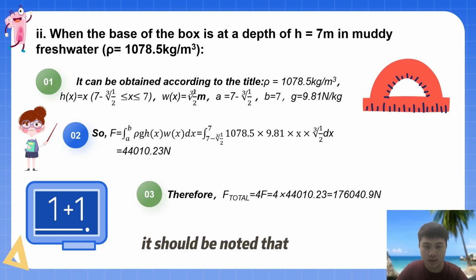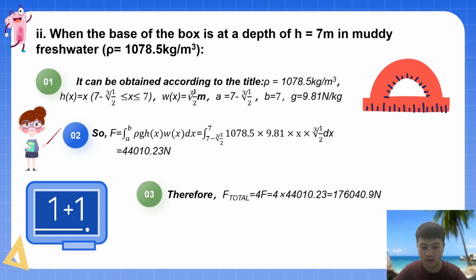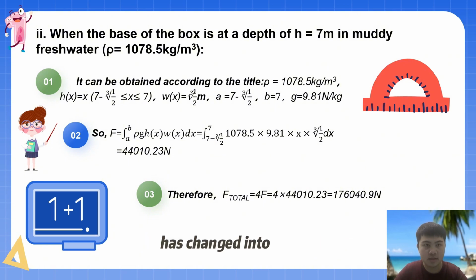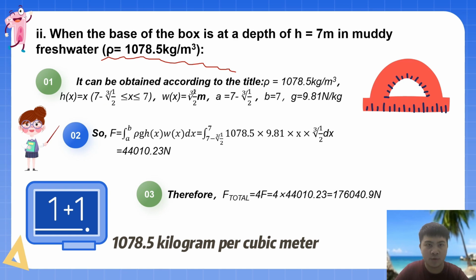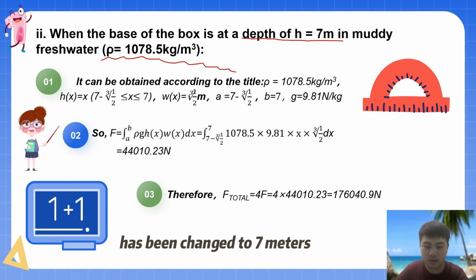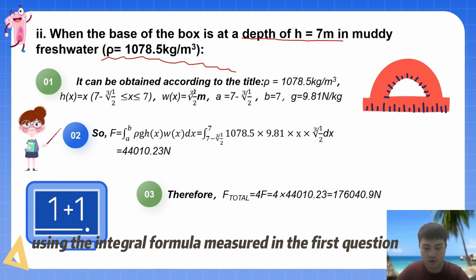It should be noted that the density of the liquid in this question has changed to 1078.5 kg per cubic meter, and the bottom depth has been changed to 7 meters, using the integral formula mentioned in the first question.